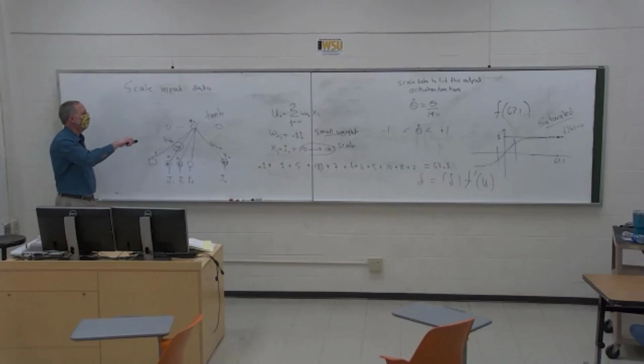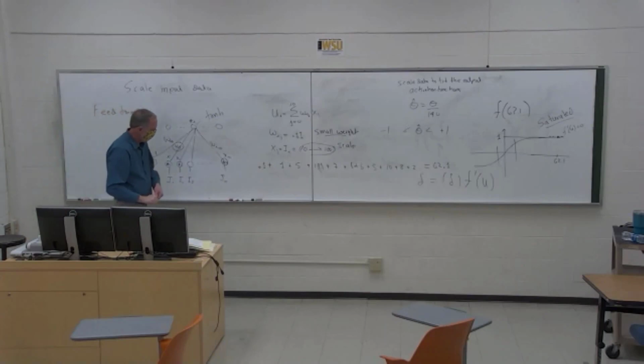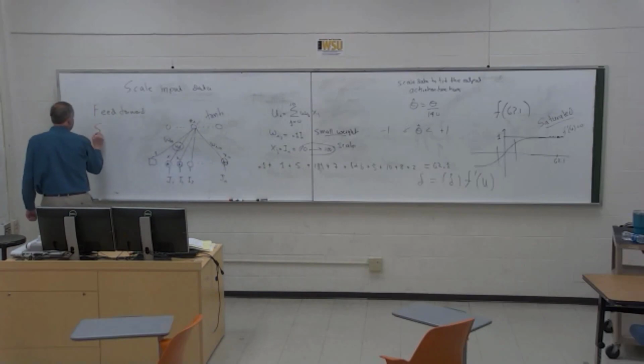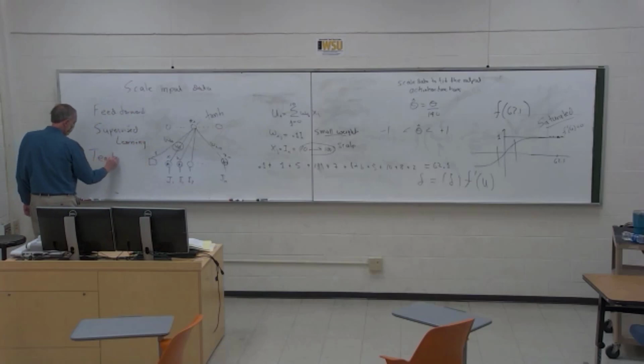These networks are feed-forward supervised learning. Have I used that word before? We're talking about how it's feed-forward. It's also supervised learning, because there is essentially a teacher. Where's the teacher?